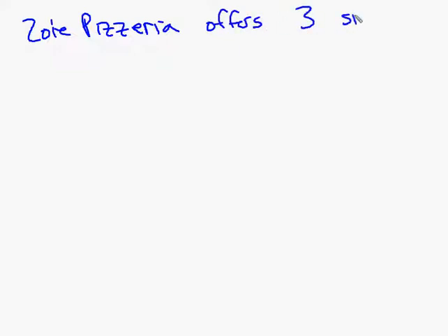Got it. Okay, let's do one more example. The Zoe Pizzeria offers 3 sizes of pizza and 12 toppings.